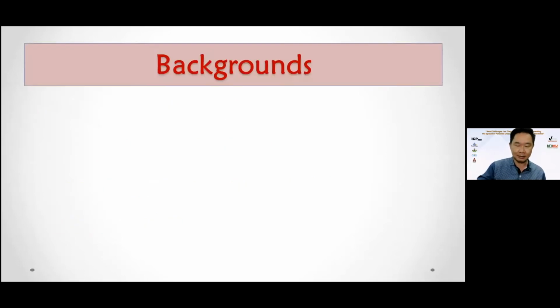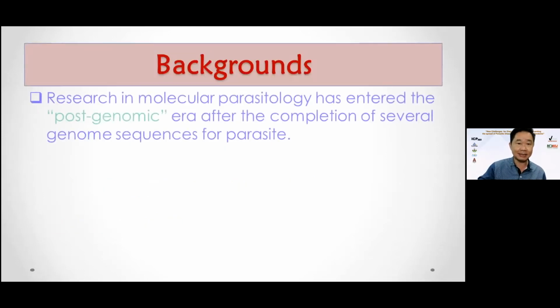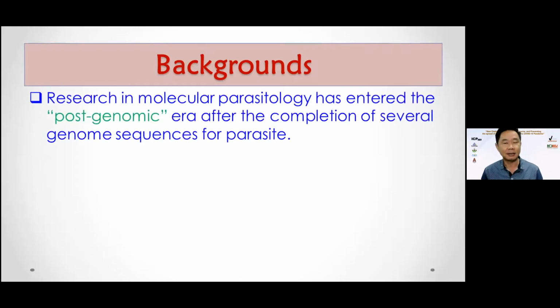Okay, so let's start with RNA interference. Why am I interested in functional genomics? Because research in molecular parasitology has already entered the post-genomic era. Most of the genomes of parasites were published 10 years ago.